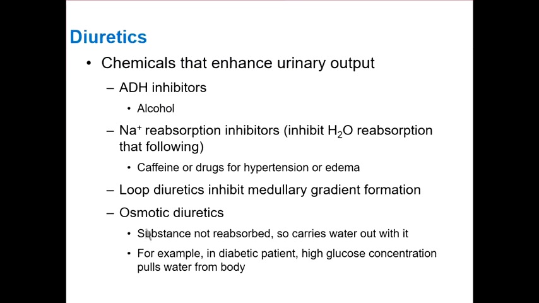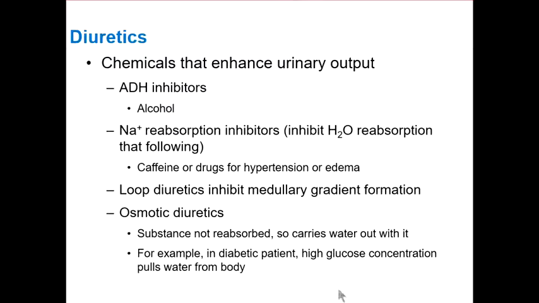Right? And when substances are not reabsorbed, they remain in the tubules, and if they remain in the tubules, water gets carried with it. For example, high glucose concentration. We talked about that earlier. Right? So if someone has hyperglycemia, and the maximum amount of glucose is reabsorbed, because the co-transport system has been maxed out, well then glucose will remain in the tubules and not get reabsorbed.